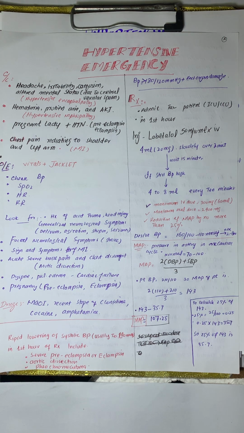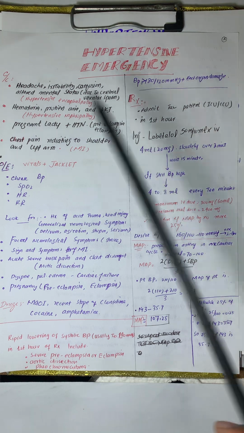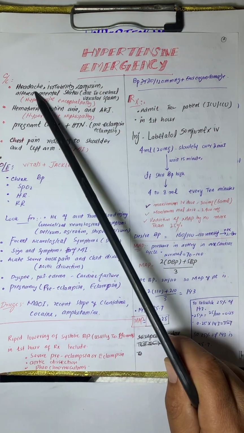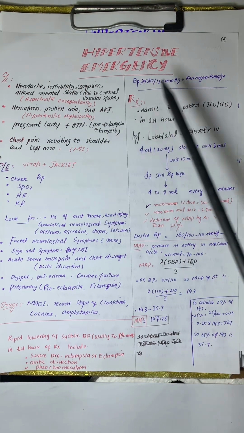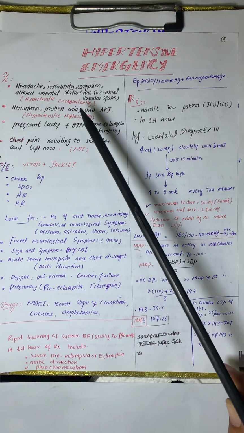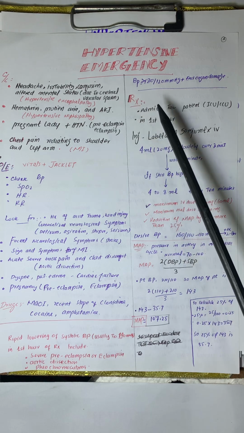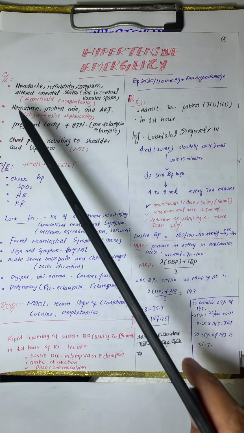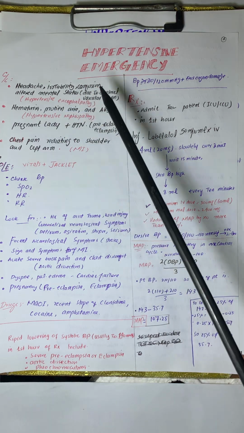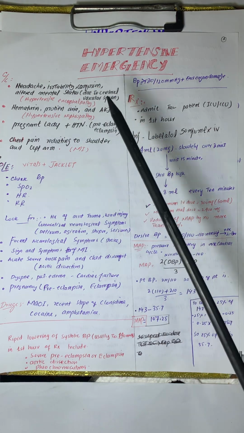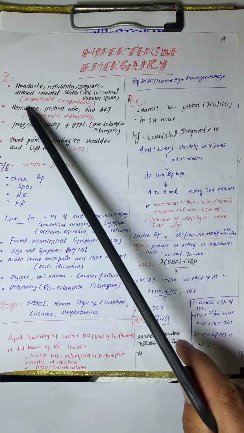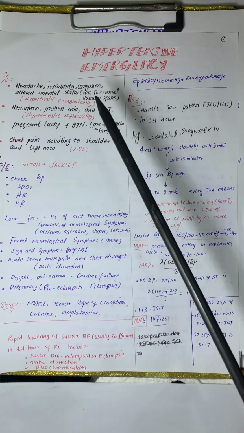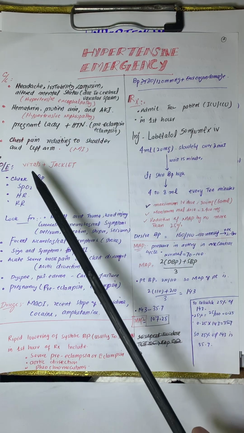We say patients are symptomatic if the patient develops headache, irritability, confusion, altered mental status with high blood pressure: hypertensive encephalopathy. High blood pressure and the patient develops hematuria, proteinuria, and AKI, deranged creatinine, blood in urine, protein in urine: hypertensive nephropathy.